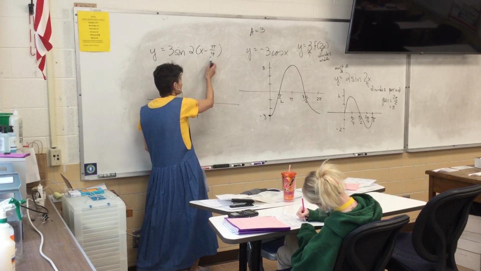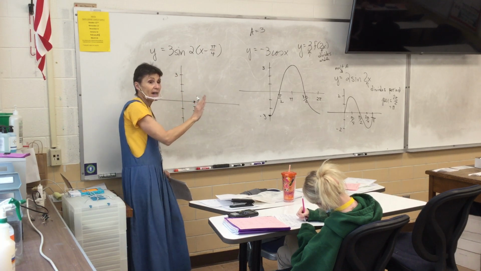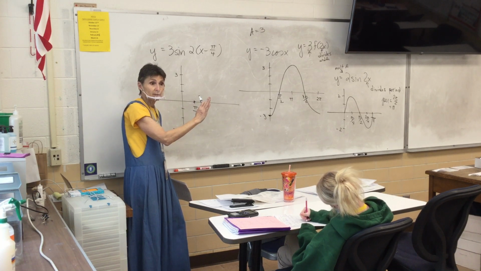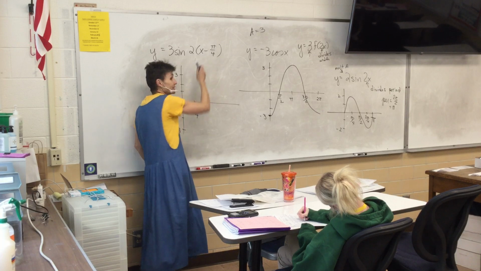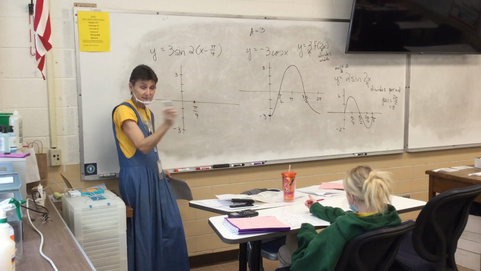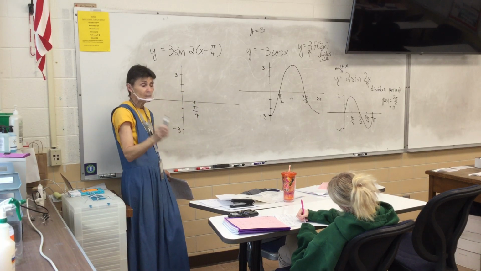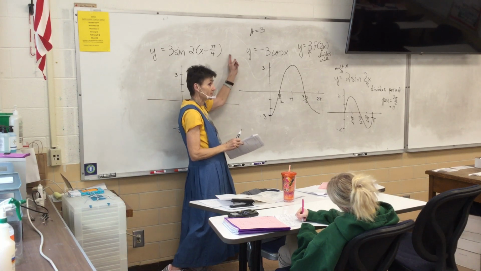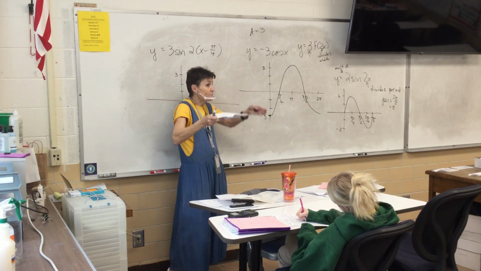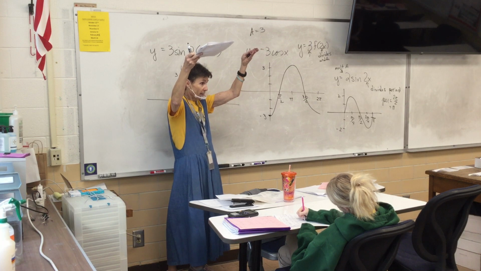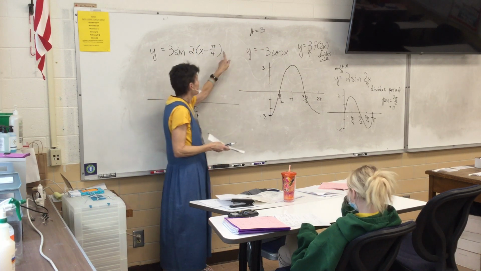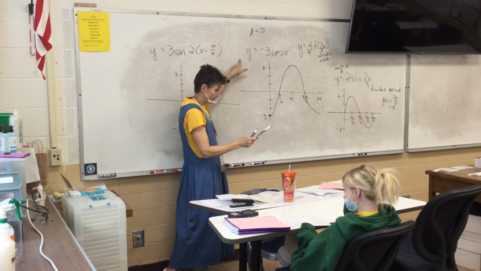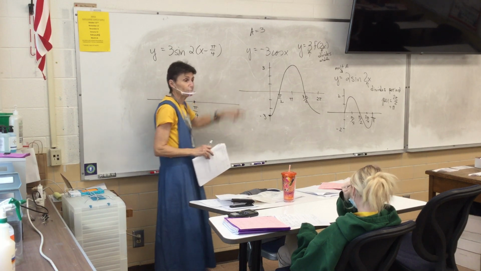When you add or subtract, that shifts you. If you're adding and subtracting inside the parentheses, it's sideways. If you had a number like +1 on the end, that would pick it up. So this one takes you sideways. The one out here, if you had one, takes you up and down.